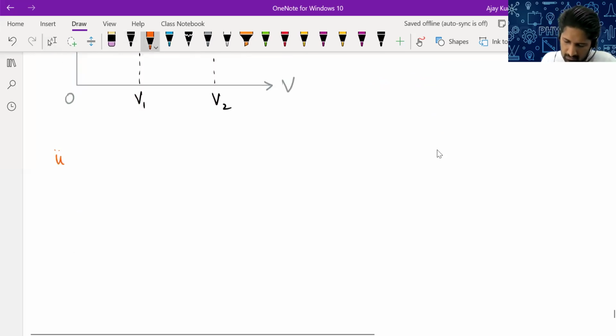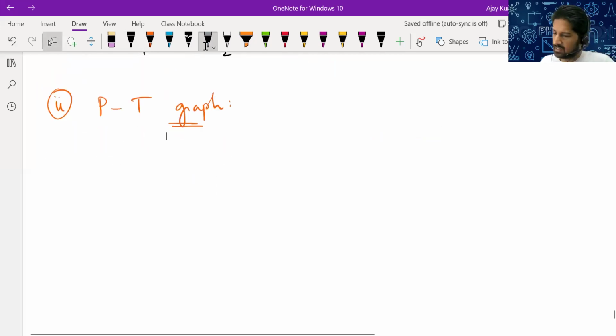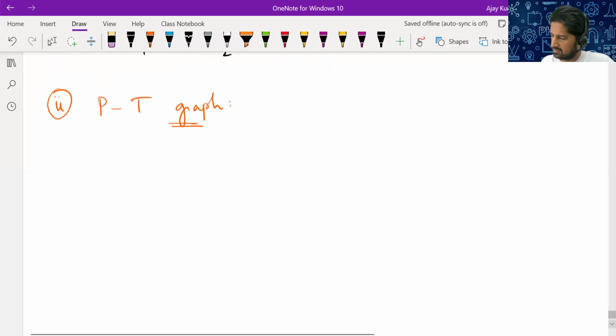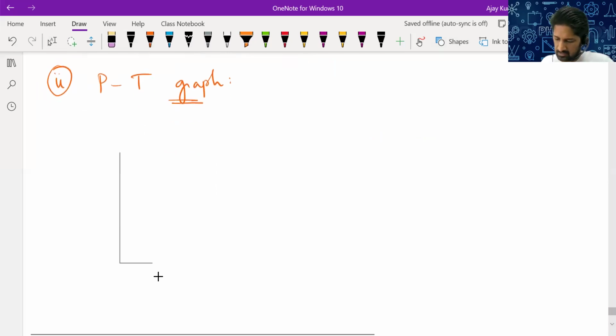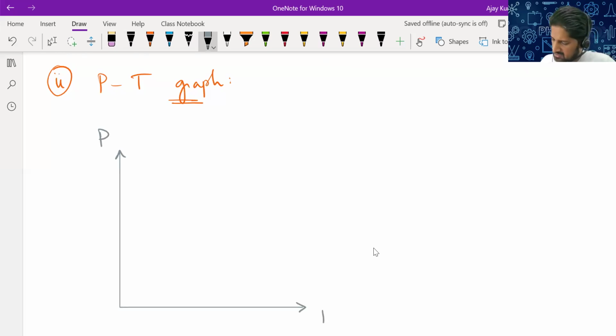Next, pressure temperature graph. Now, volume is kept constant, but pressure and temperature are both allowed to vary. And we have just seen that if volume is constant, from PV is equal to nRT, pressure becomes proportional to temperature. If y is proportional to x, the graph will be a straight line passing through the origin.